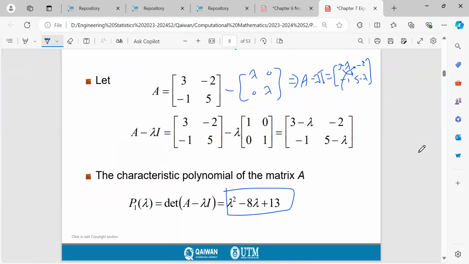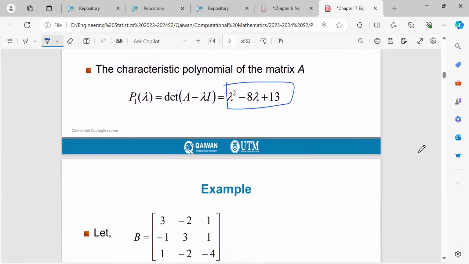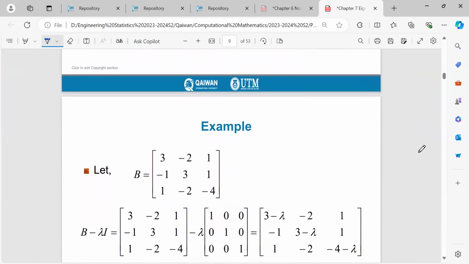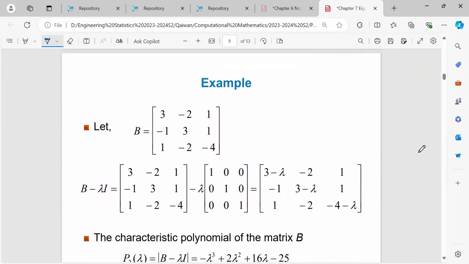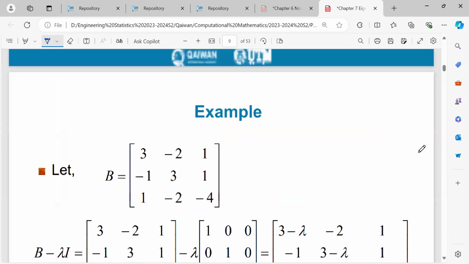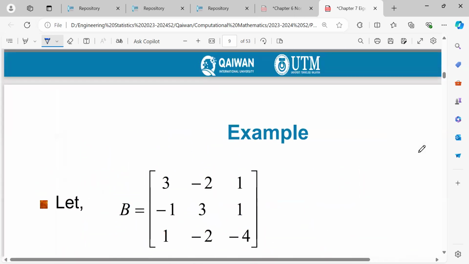Okay? This is how to find the eigenvalues. For a 3x3 matrix, it's the same. Here you have B minus lambda I. B minus lambda I is equal to this one minus lambda I, which is lambda 0, 0, 0, lambda 0, 0, 0, lambda.